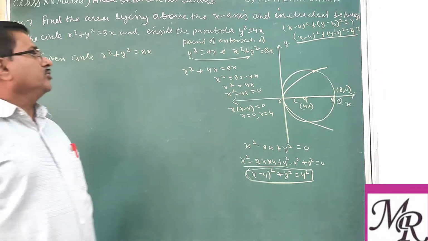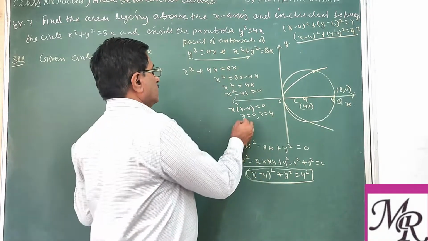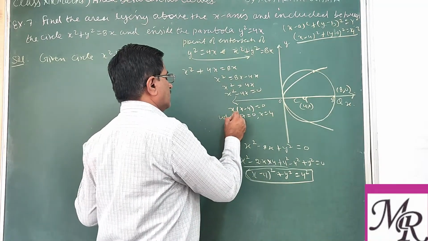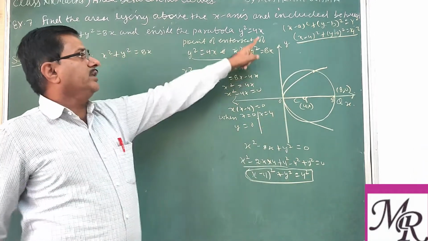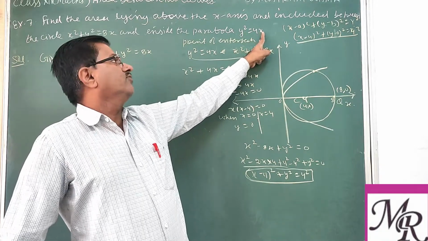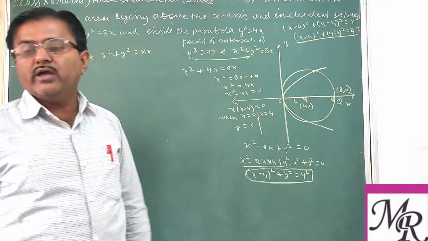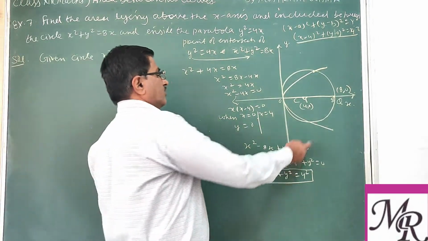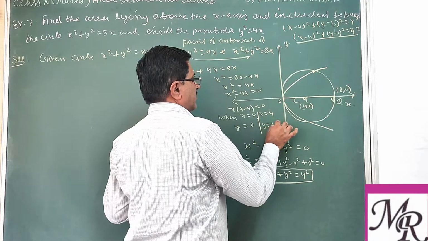Now if you put x = 0 here, so y is also 0. So when x = 0, y is also 0. And here put x = 4. So y² = 4 × 4 = 16. So y² = 16, y = plus minus 4. Here plus, here minus. So we can say y = ±4.